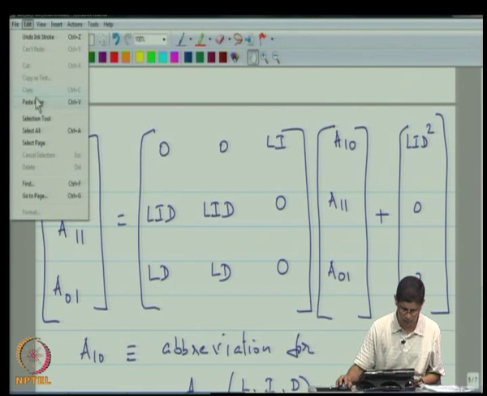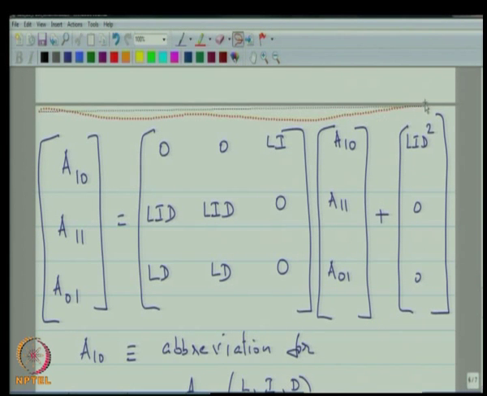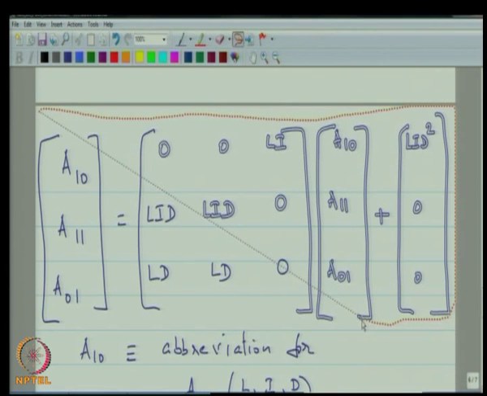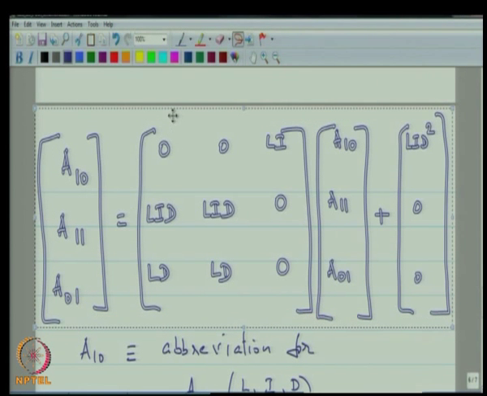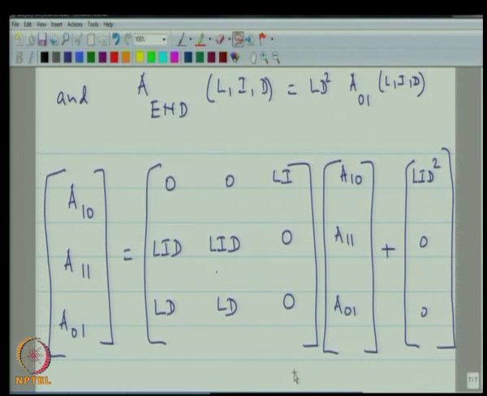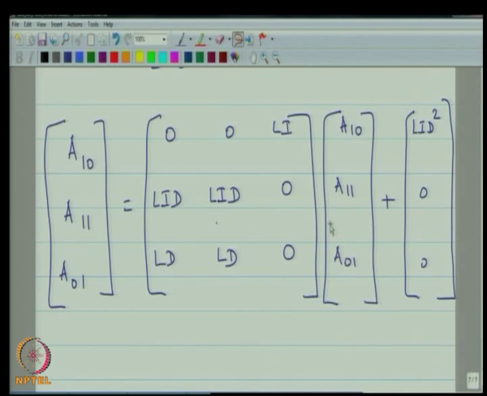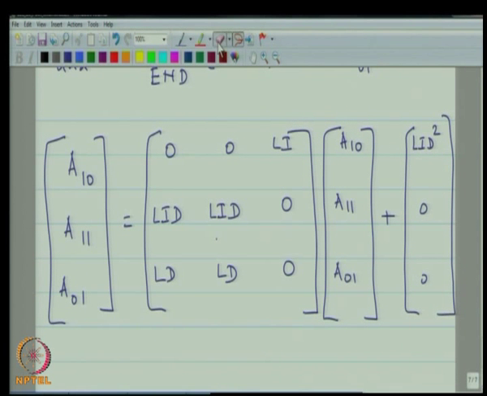So, let me do one thing, let me copy this equation first. Okay. And now first of all I want to put the equality sign over here.